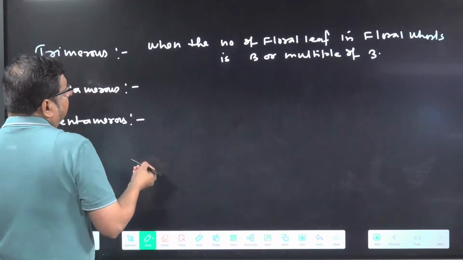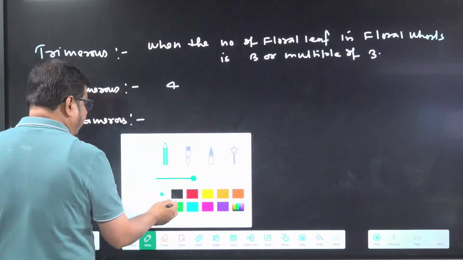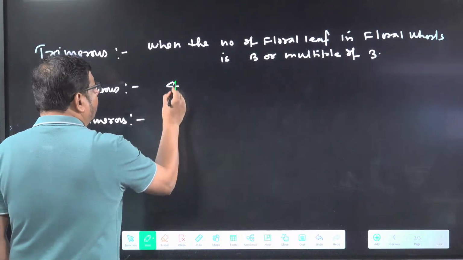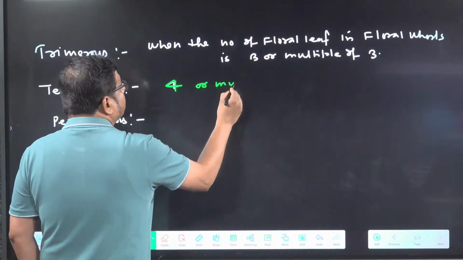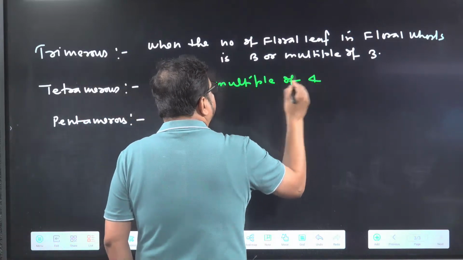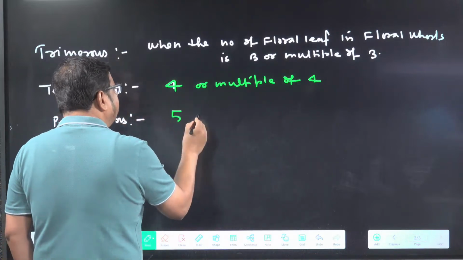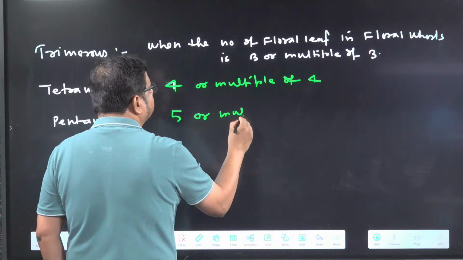Got the idea? If it is 4, the same statement applies: 4 or a multiple of 4, it is tetramerous; 5 or a multiple of 5, it is pentamerous.